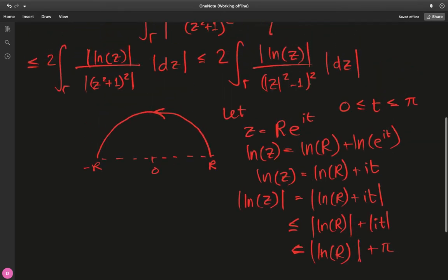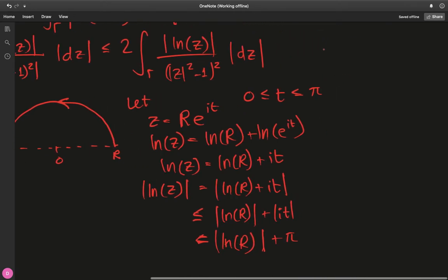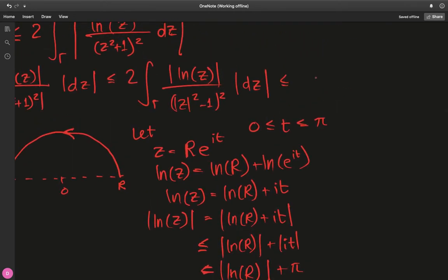So let's plug all of this in. This is going to be less than or equal to 2 times integral from 0 to pi, because that's how we parameterize t, of mod of natural log of r plus pi divided by, and in place of z we have r times e to the it.